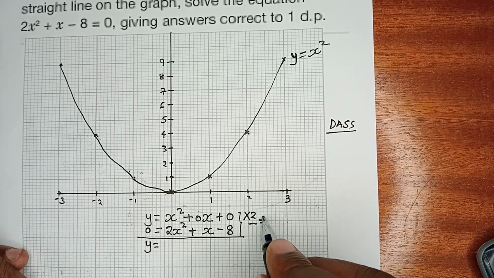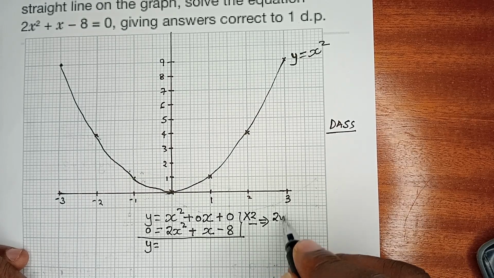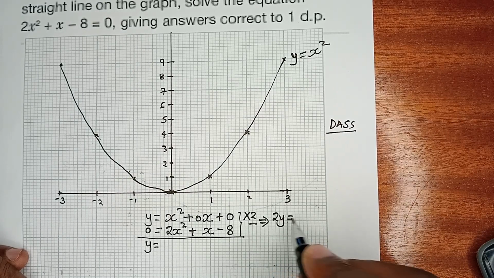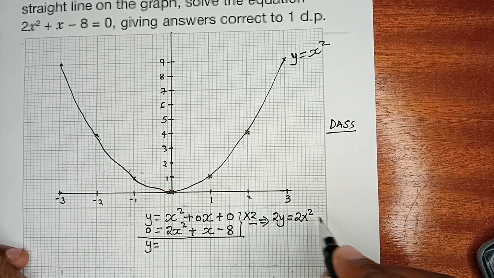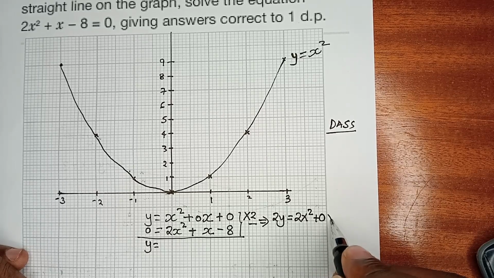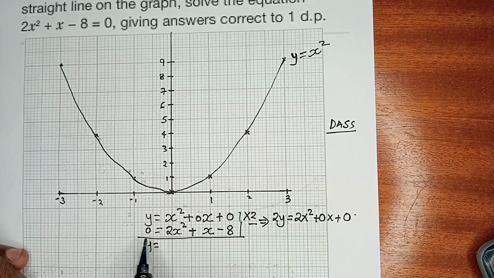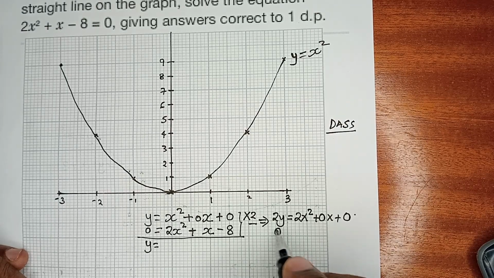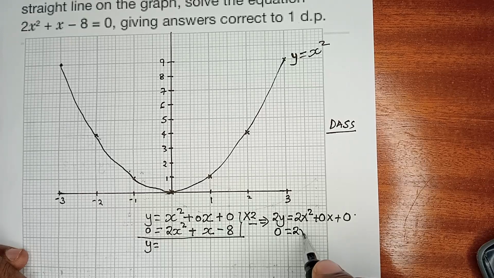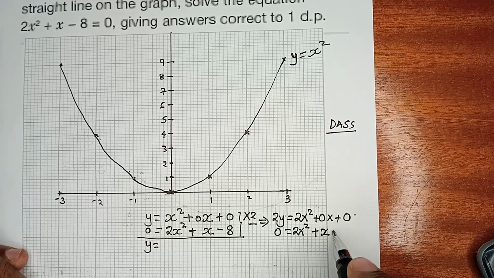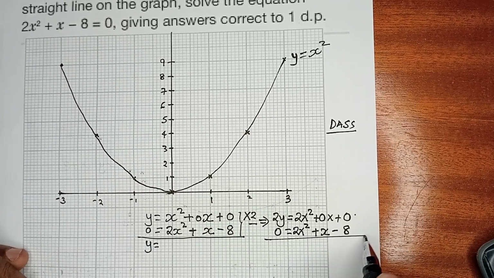What does that give us? We have 2y is equal to 2x squared plus 0x plus 0. Of course, everything 0 multiplied by 2 is 0. And then multiply equation 2 by 1 so that we can maintain the 2 there. So we have 0 is equal to 2x squared plus x minus 8.